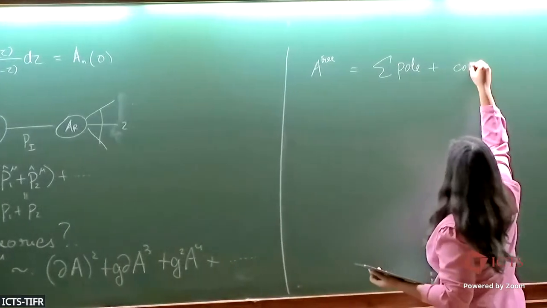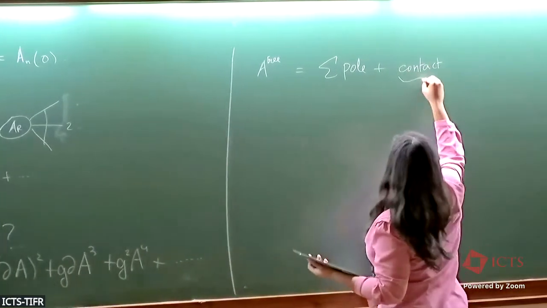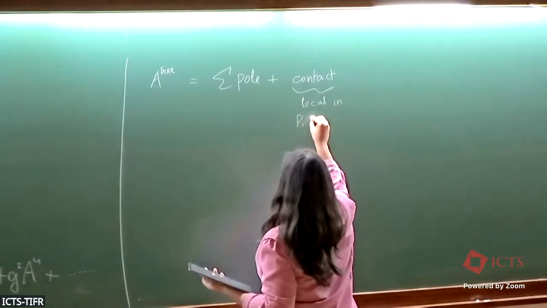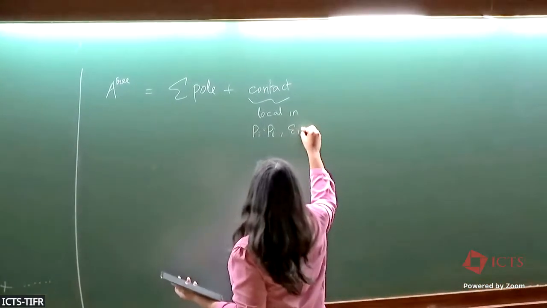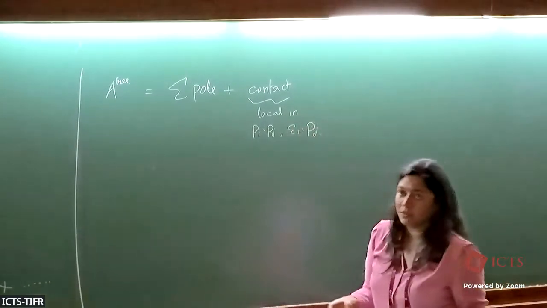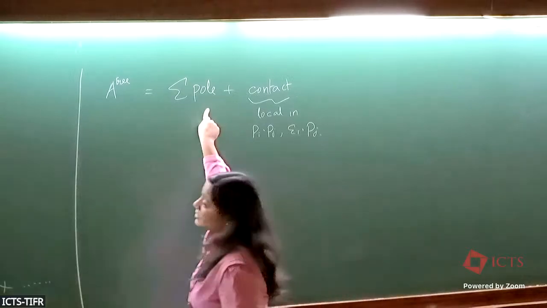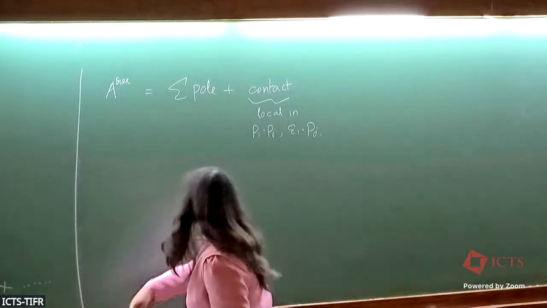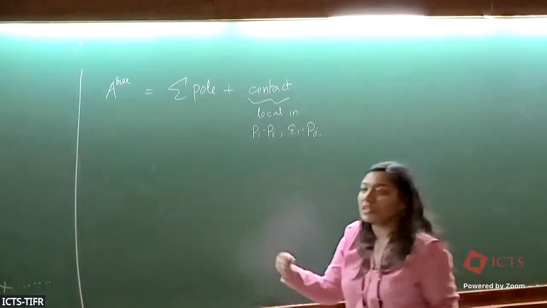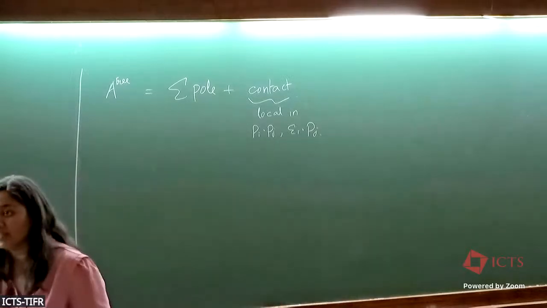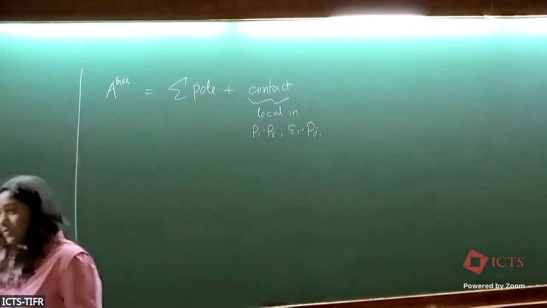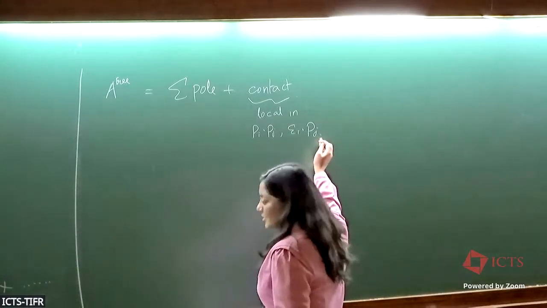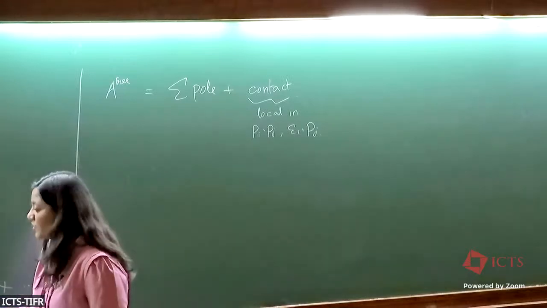Then I have some terms that are contact terms, which are just terms that are local in pi.pj, epsilon i.pj, the invariants that make up my amplitude. The pole terms have a simple pole, and I know exactly what it needs to look like on the simple pole. So the fact that in Yang-Mills there's nothing that I can write here is what allows me to do BCFW recursion. That's the physical principle that's allowing me to do BCFW recursion in the first place. This is true, but more non-trivially, for gravity as well.